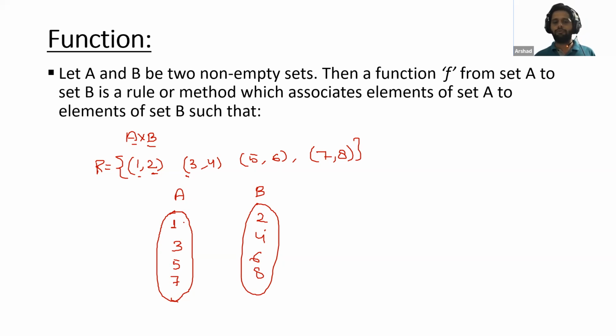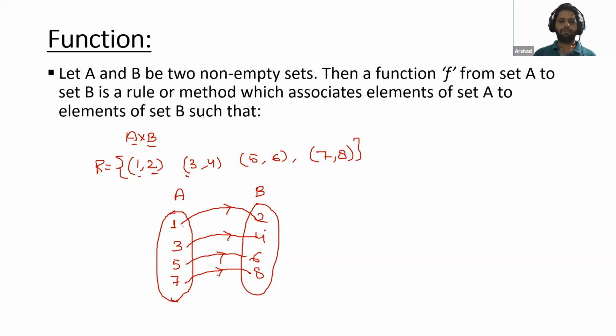In the arrow diagram, we mark an arrow showing that 1 is associated with 2. 3 is associated with 4. I hope you have done this in class 11. So by arrow diagram, we can represent this relation like this.